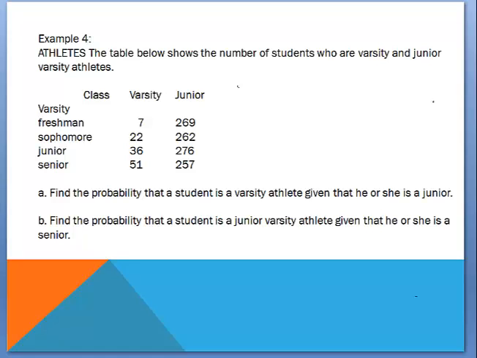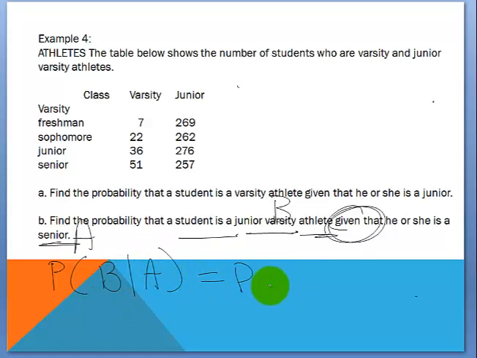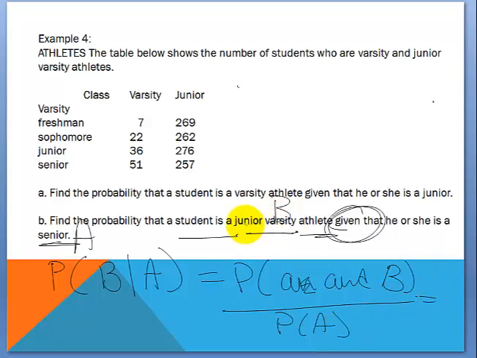For the next one, find the probability that a student is a junior varsity athlete given that he or she is a senior. So event A is the senior and event B is the junior varsity. So our equation is the probability of B given A is the probability of A and B over A. So A and B, junior varsity and a senior, is right there.